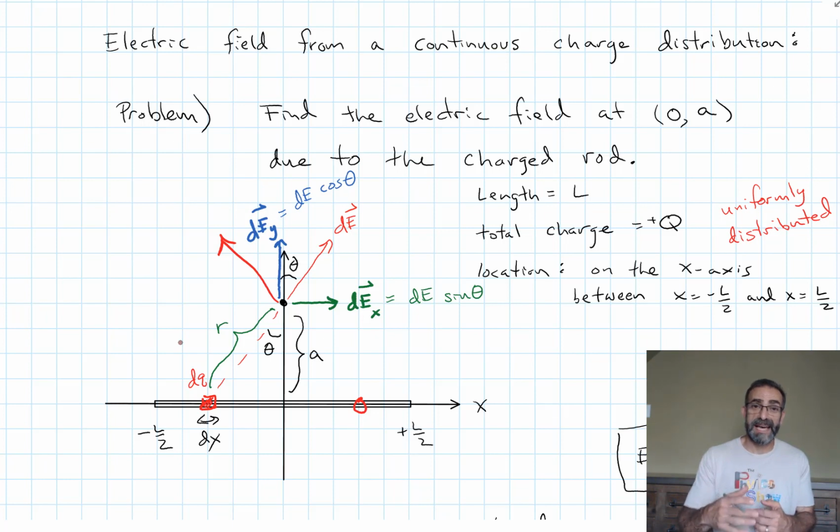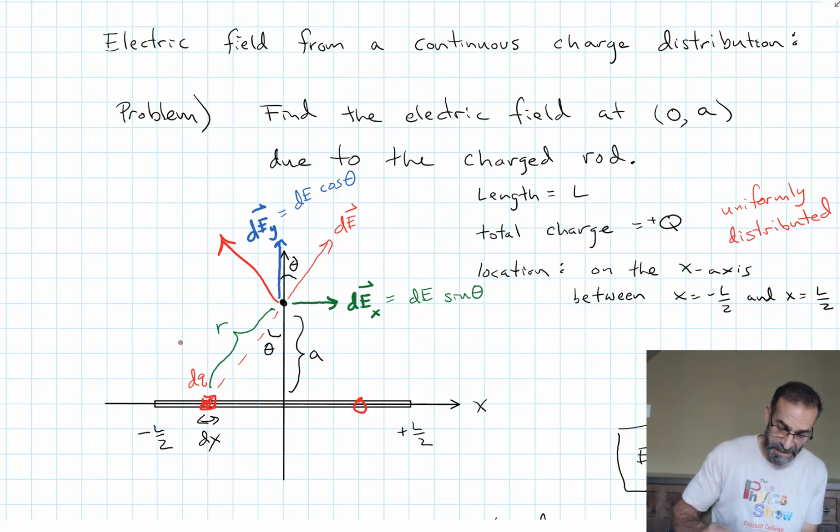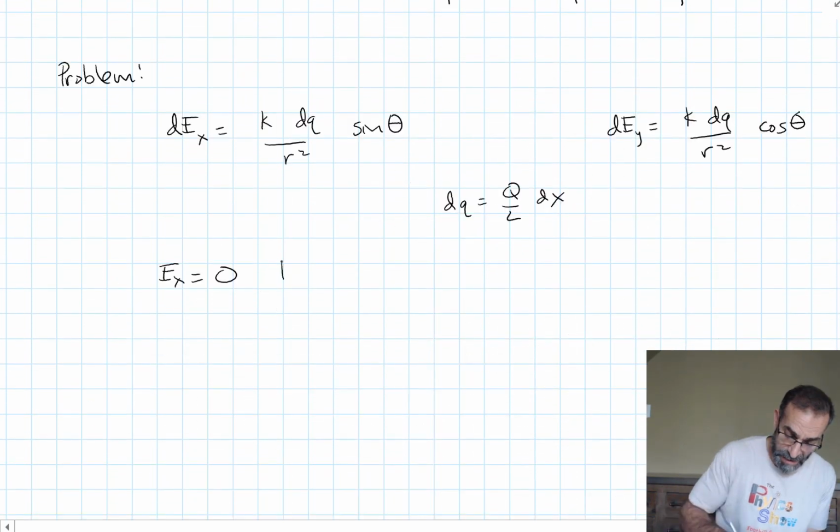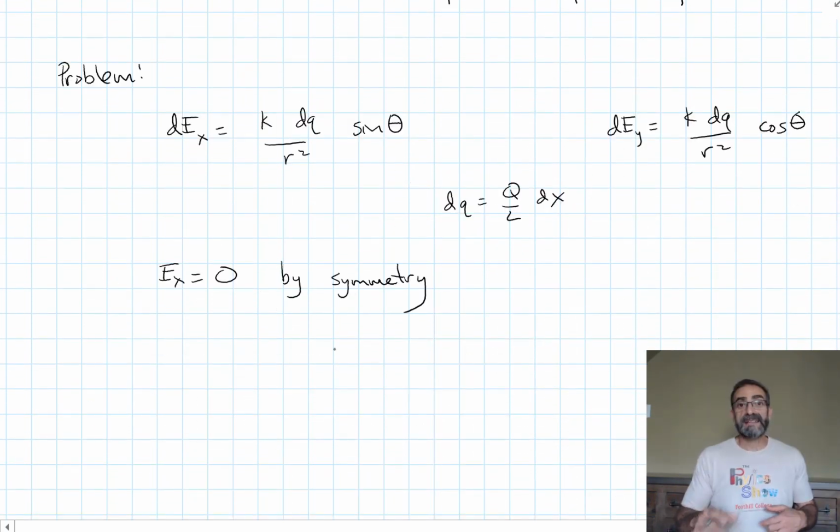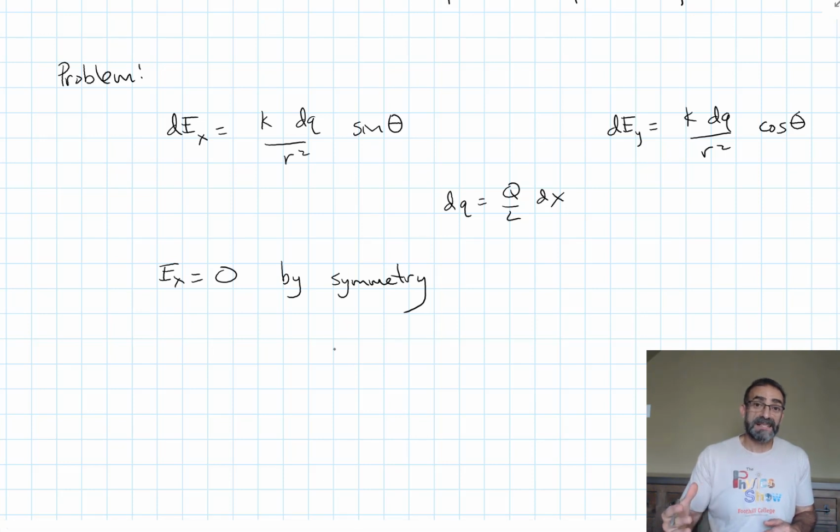We will only have a y component of the electric field. So when you see something like this, you should write down right away E sub x equals 0 by symmetry. And then spend your time solving for E sub y. But I know a lot of my students love to have an answer in the back of the book to check to make sure they got something right.